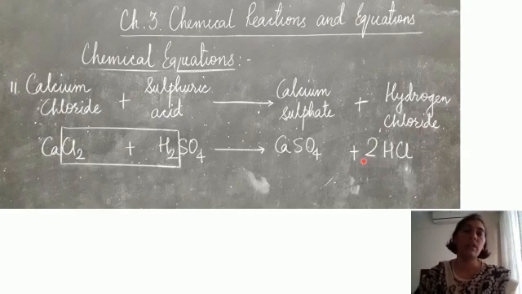So practice them as many times as you can, and in the next class I will be demonstrating some interesting chemical reactions and sharing some videos with you. So till then, read the lesson and practice the equations.